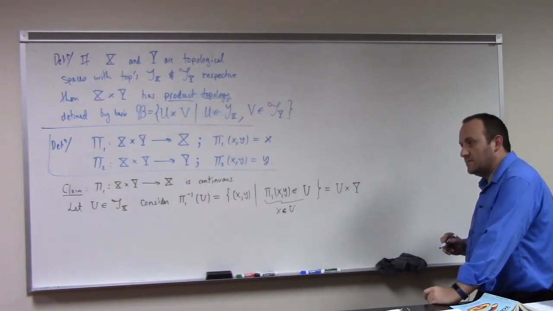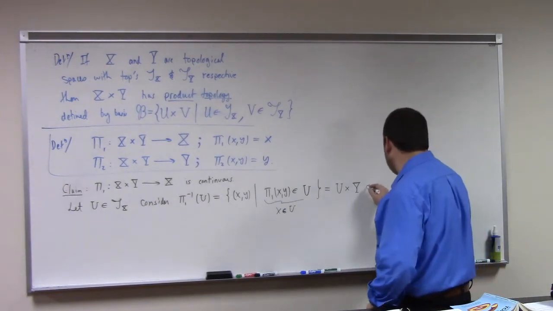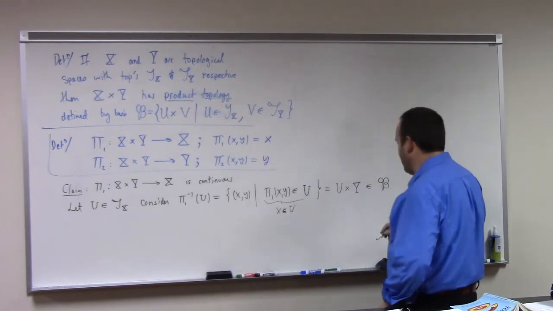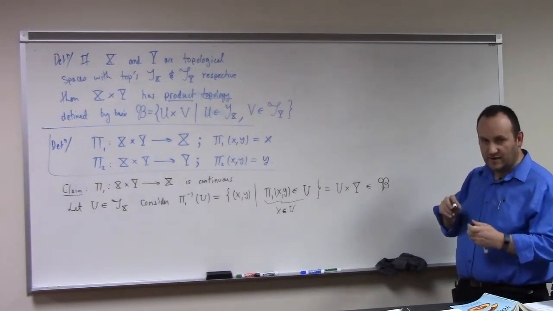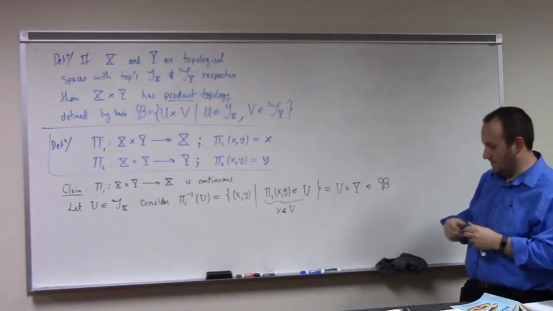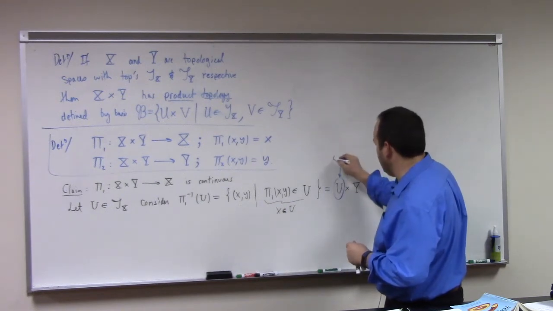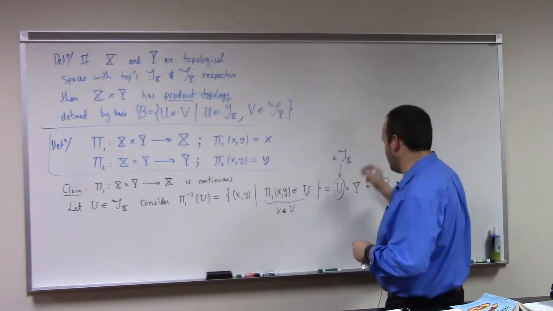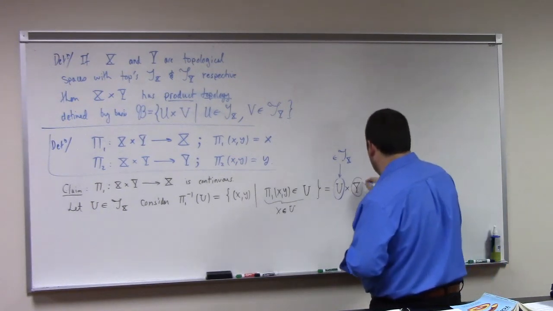Why is that open? It's in the basis. Do you agree? Why is that in the basis? What does it take for it to be in the basis of the product topology? I'll do the easy part. U has to be in the topology of X, indeed, that was the definition of the basis.